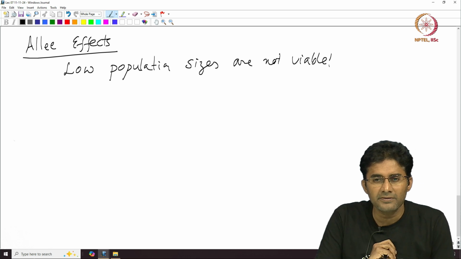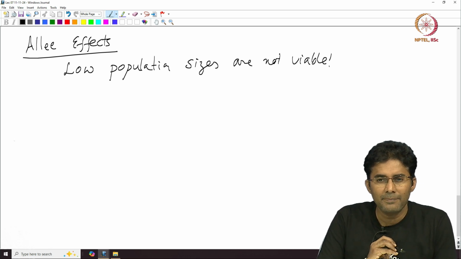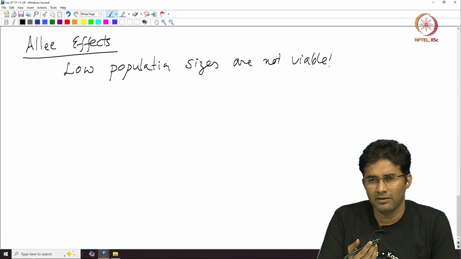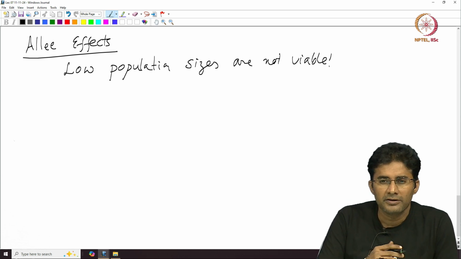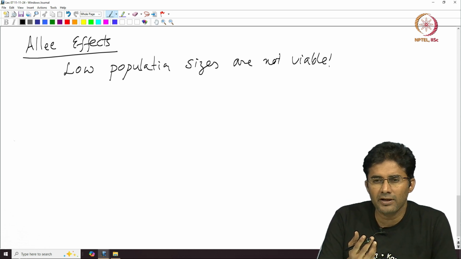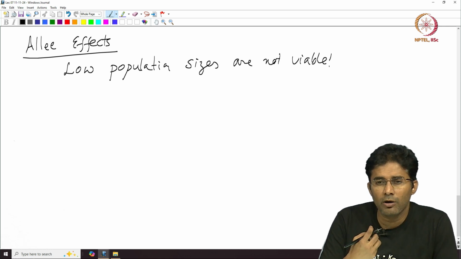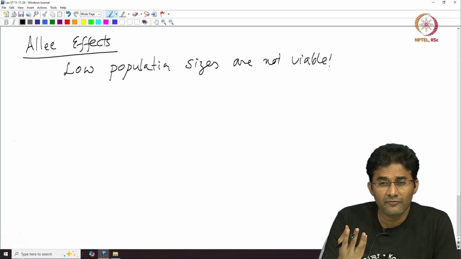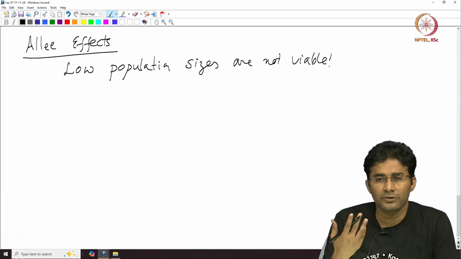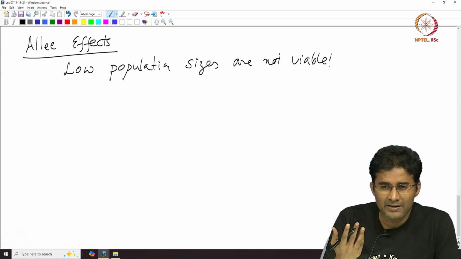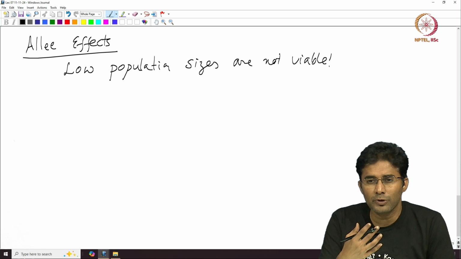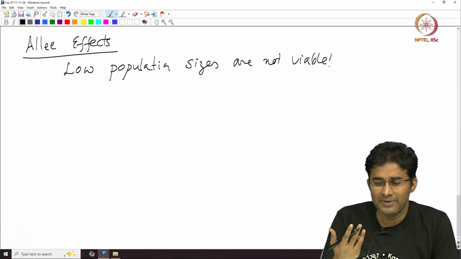This happens, for example, due to difficulty in finding mates when densities are really small. It happens in socially living organisms. If the numbers are too small, the group sizes might be really small, or the chances of finding a group might be really small, therefore the mortality rates might be high and the mating rates low. Put together, the populations become unviable.